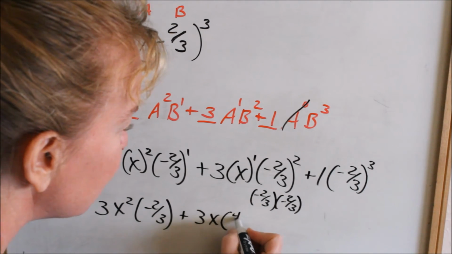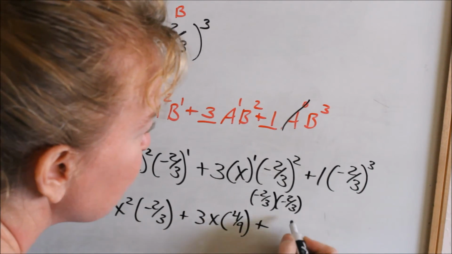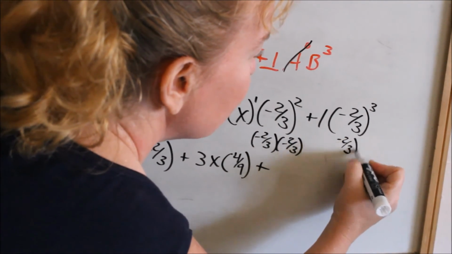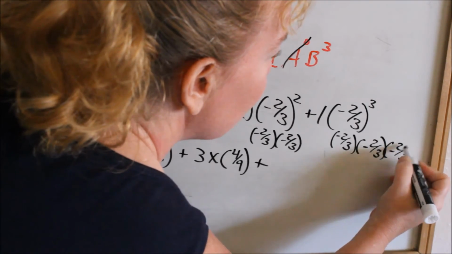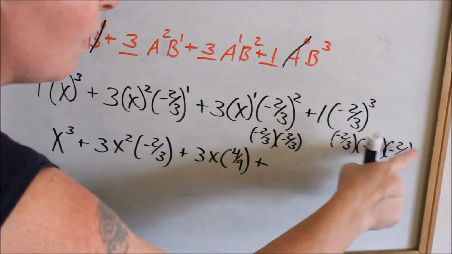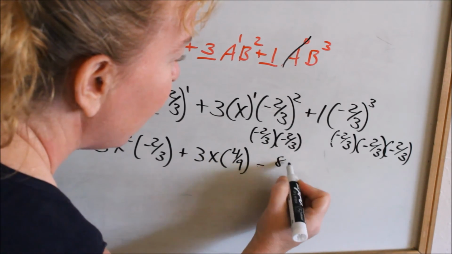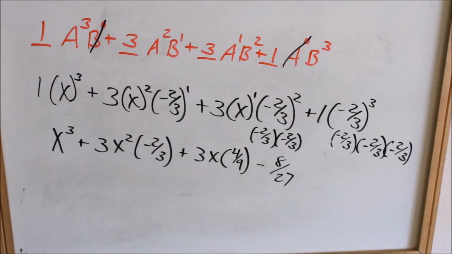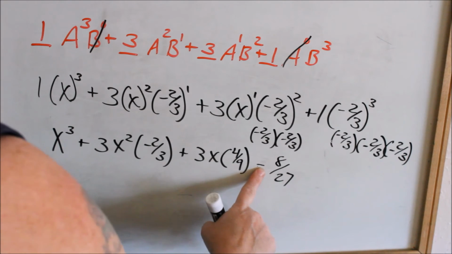So that would be a positive 4/9. Plus 1 times negative 2/3 cubed. So it's negative 2/3 times negative 2/3 times negative 2/3. And negative times a negative times a negative is a negative. 2 times 2 times 2 is 8. So here I'm going to get a negative 8. 3 times 3 times 3 is 27. Negative times a negative is a positive, times a negative is a negative. So that ends up with a negative sign right there.